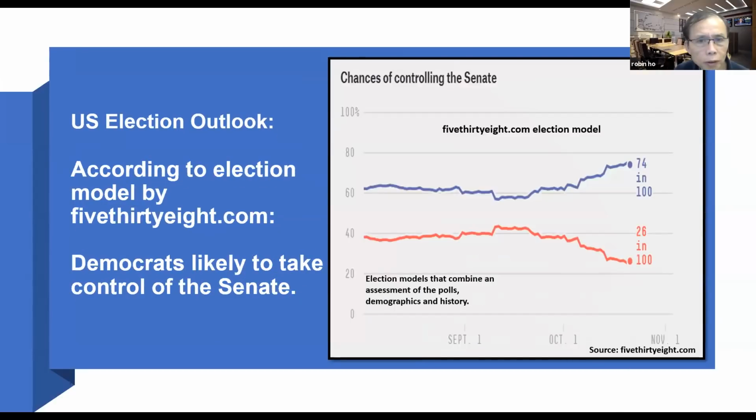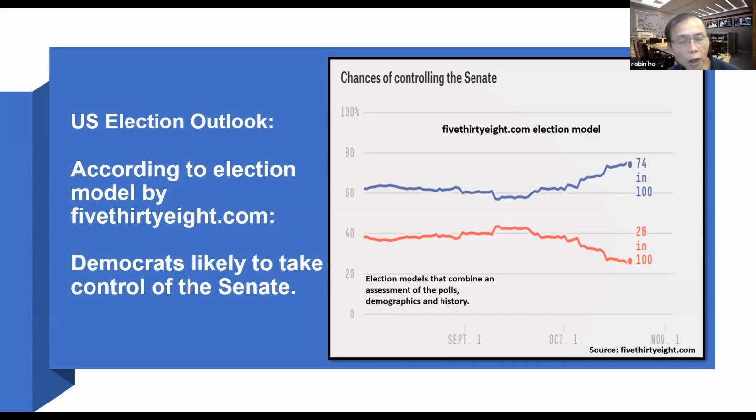According to the odds, Democrats are likely to take control of the Senate. These are the election models, and they are showing that the Democrats are likely to control the Senate, which means that we could get a clean sweep.